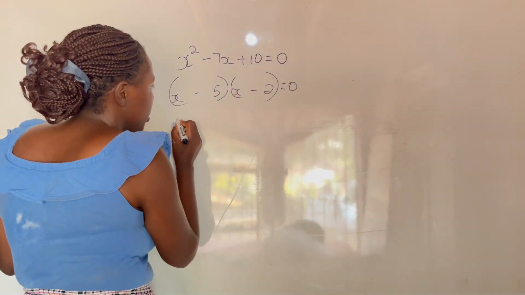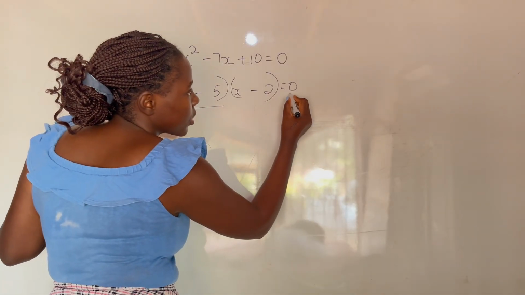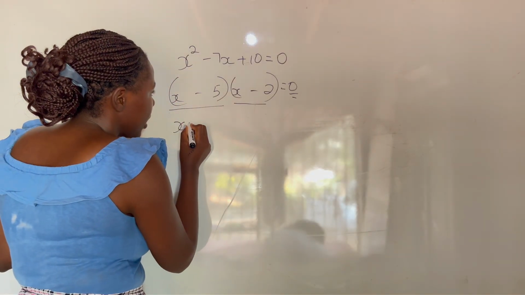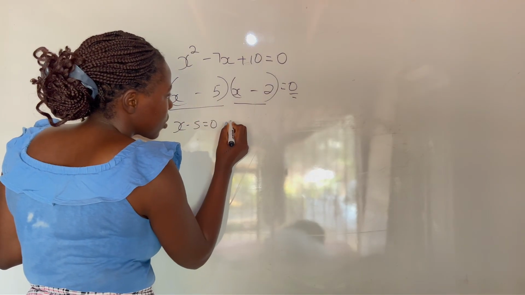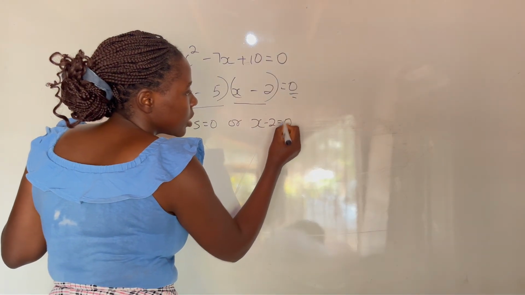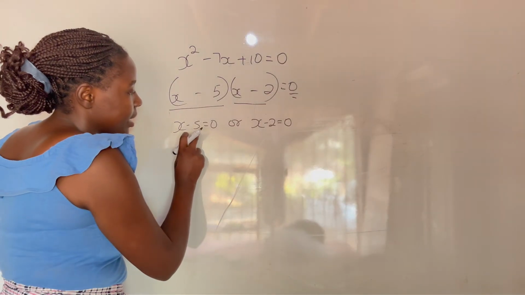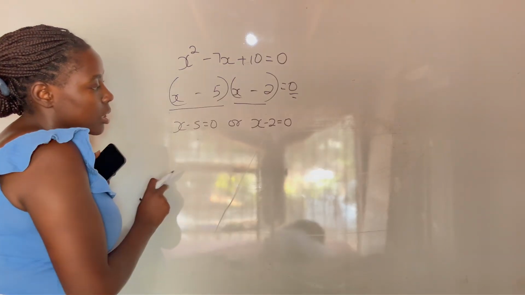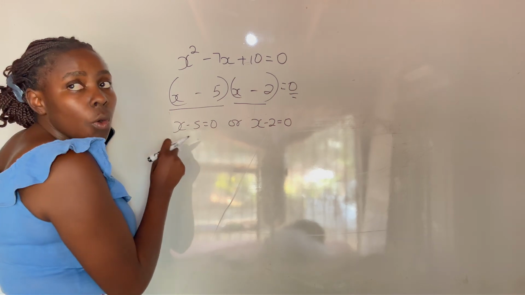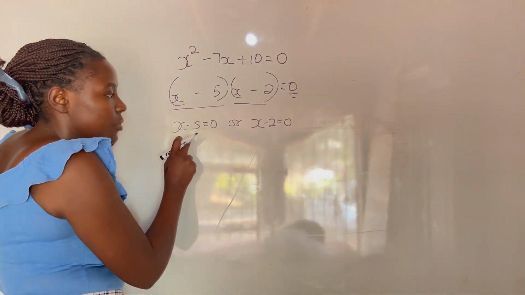Let's proceed. We say this bracket equals 0 or this one equals 0. So we have x minus 5 equals 0 or x minus 2 equals 0. Take this negative 5 to the right hand side, and remember, as I've said in previous videos, it has to change from negative to positive.